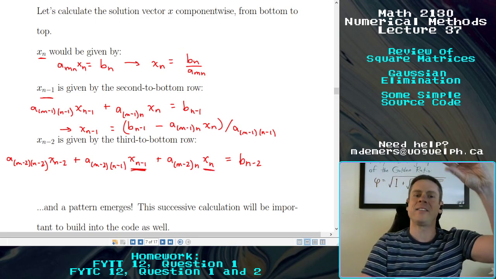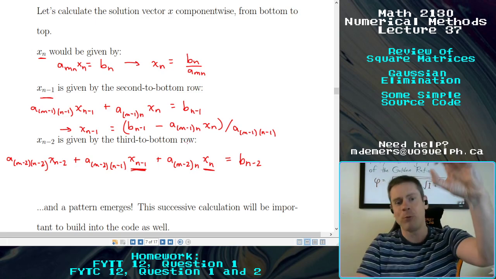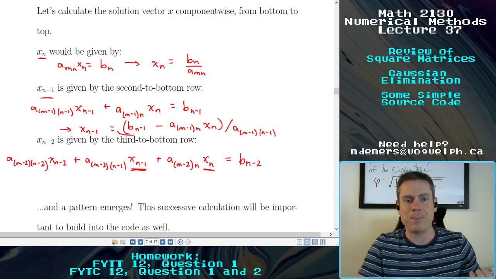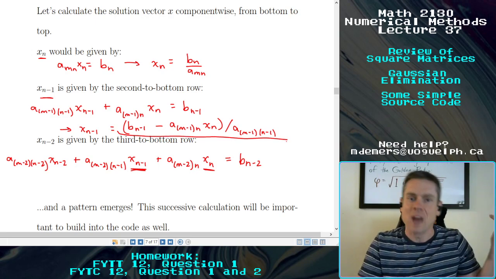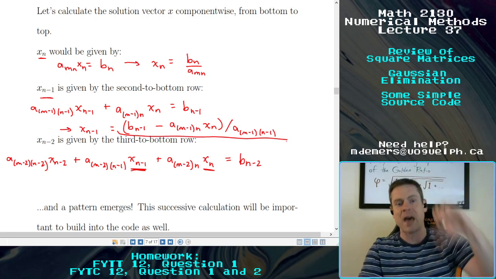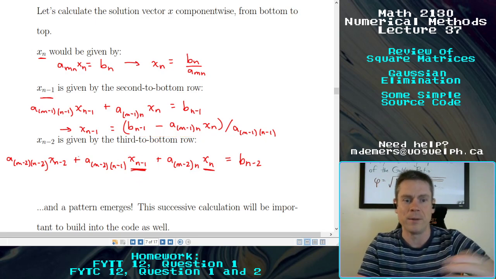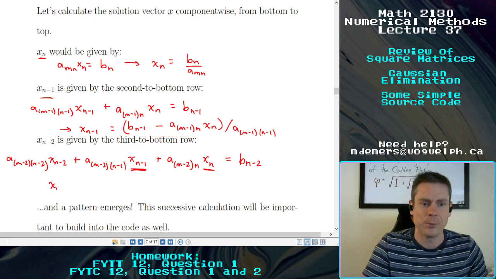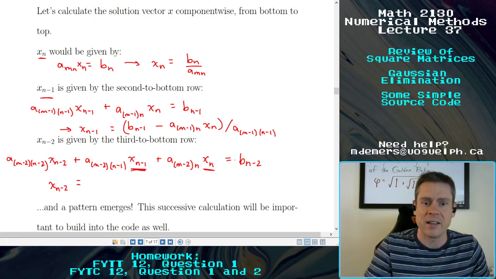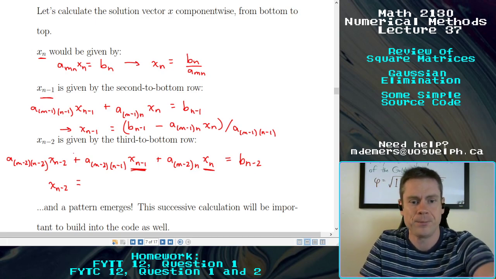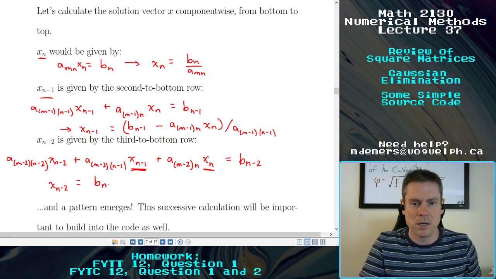And you see how we can do this sequentially? If we have one value, well, this entry might be really awkward, but it's just going to be a number at the end of the day, and we can draw from that and put it right here in this entry, and so on. If we solve for xn minus 2, we get xn minus 2 equals, same sort of idea, b(n-2) on the right.